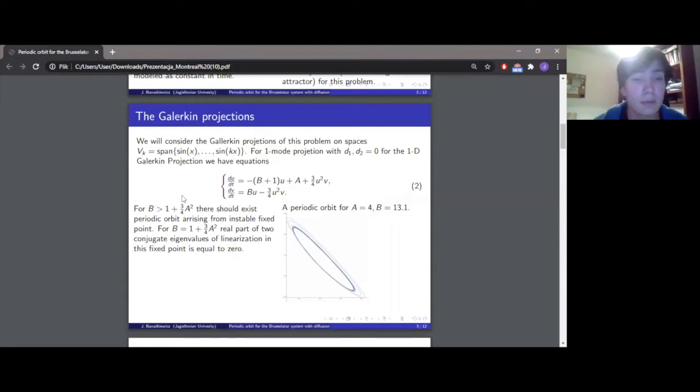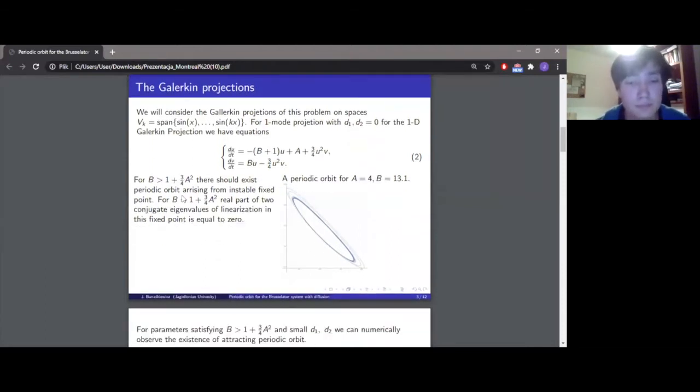For b equal 1 plus 3/4 times a squared, for these parameters there should exist a periodic orbit that arises from some unstable point.